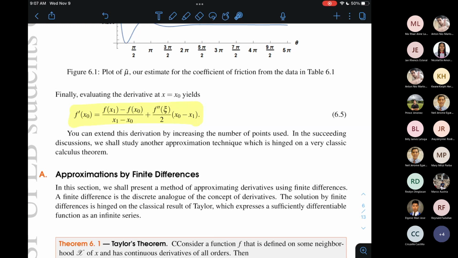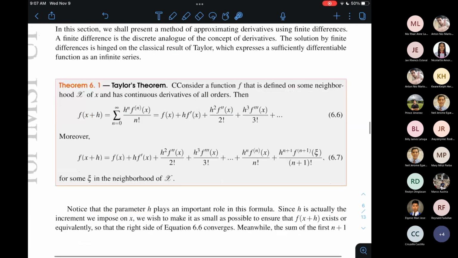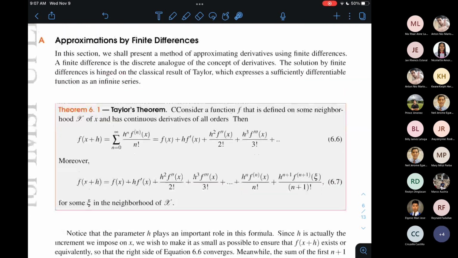All right. So pwede nyo siyang pag-isipan. Okay. But the main agenda for the unit is to do approximations by finite differences. But before we go here, any questions so far? Okay. So kung wala, so let's move on to this topic.